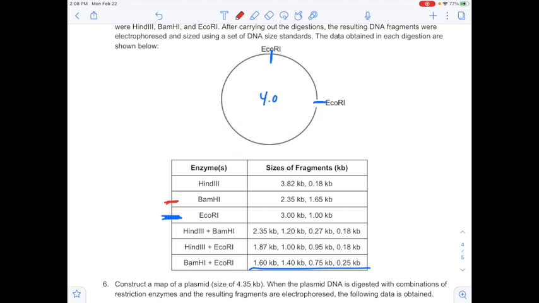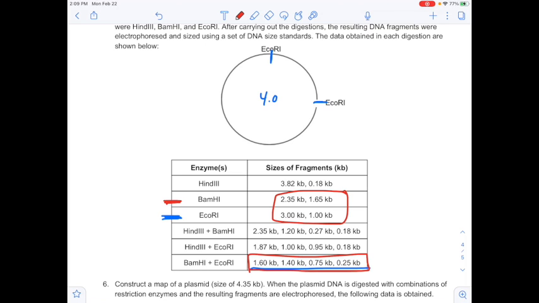So the BamHI, I'll try to do those next, are going to give me a 2.35 and a 1.65. But now that the EcoRIs are on the plasmid, where in relation to the EcoRI should the BamHIs go? So I'm going to look at these and see how those are going to end up making those.